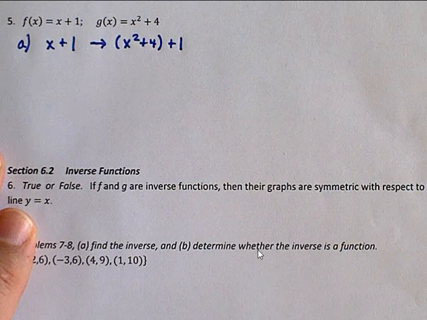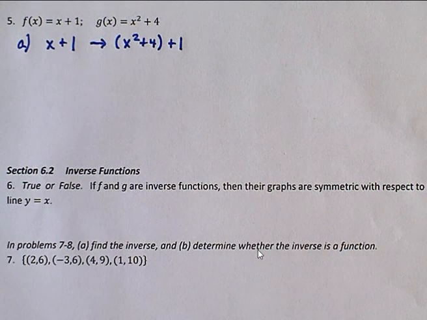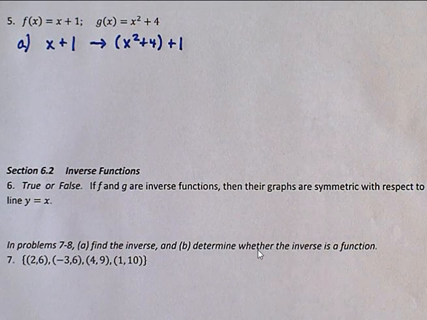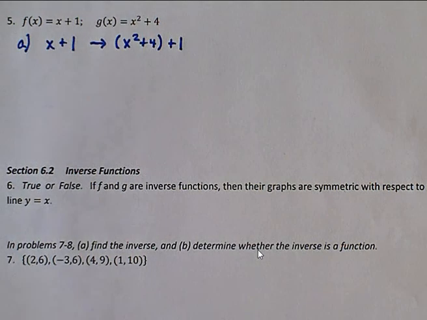Now note the parentheses. My only reason for putting those parentheses is to show where the original variable was. Okay, so I can still see the original expression for f, x plus 1. It just now has some different terms in its place.